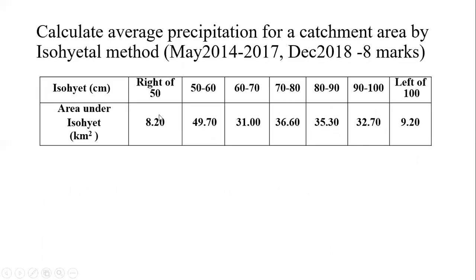We saw an example in the last class where the isohyets and the areas enclosed by them were given, and from that we had to find the average precipitation.